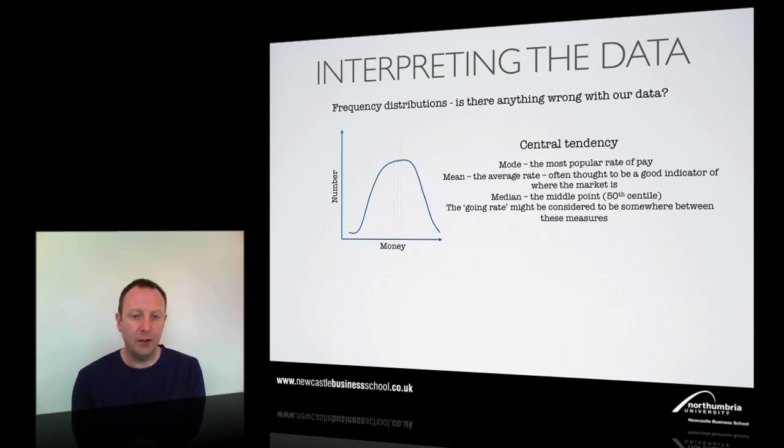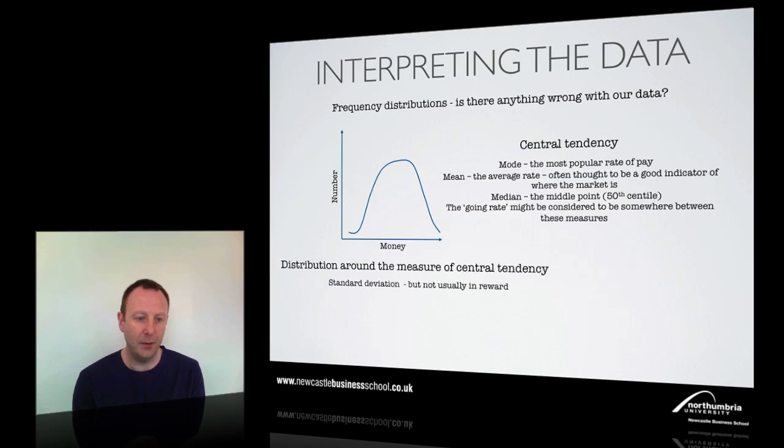The other thing that we might do with this data is to think about not just the measure of central tendency, but also about the distribution of the market data around whichever measure of central tendency we've decided to use. Now, typically in statistics, we look at this distribution as a standard deviation, but that's not usual practice in reward.